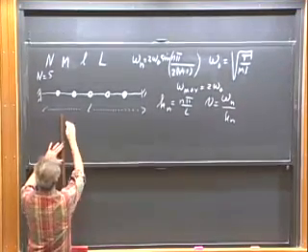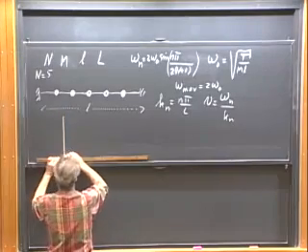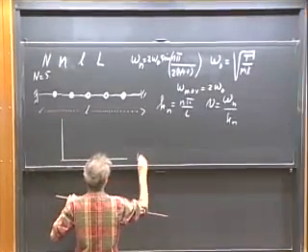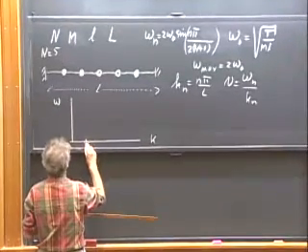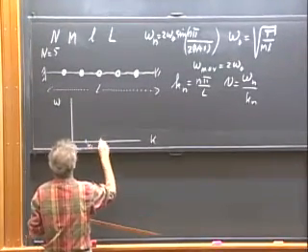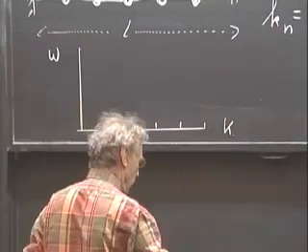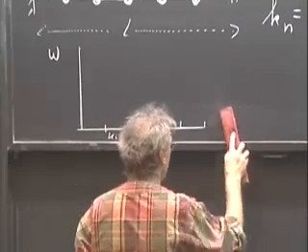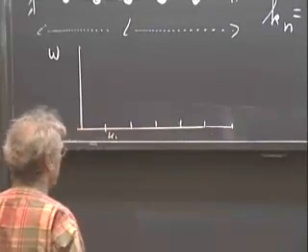Let me make the plot here. So this vertical is going to be omega, and this is k. This is k1, this is k2, k3, k4, k5. And then here is the end of the string.